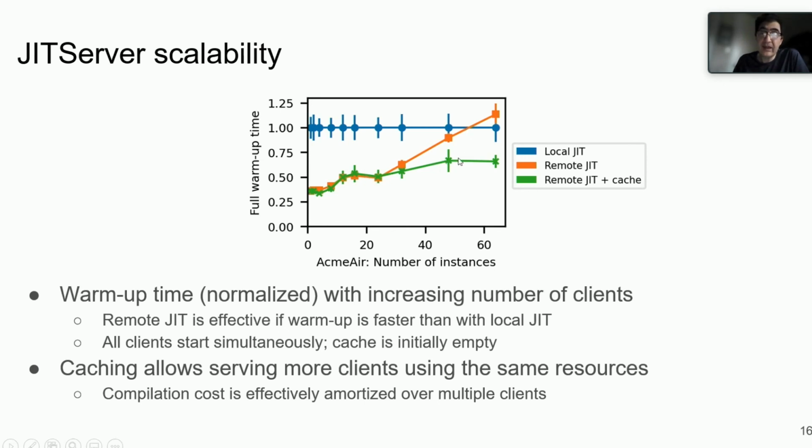Whereas if we add the cache, this is the line in green, then we can tolerate even more instances without additional CPU consumption. So the gist of this is that caching allows you to serve more clients using the same amount of resources because the compilation cost is amortized over multiple clients.